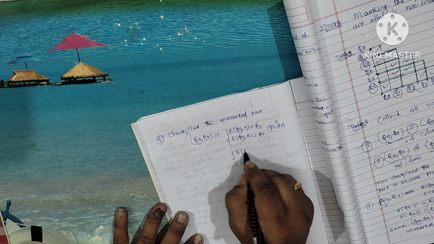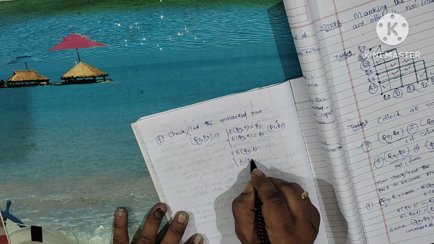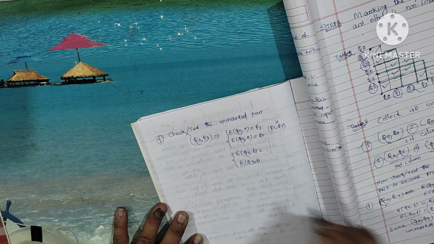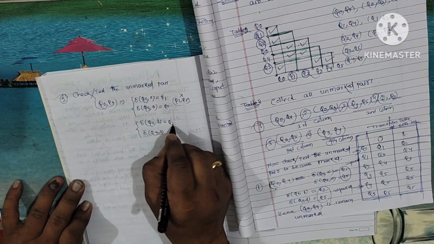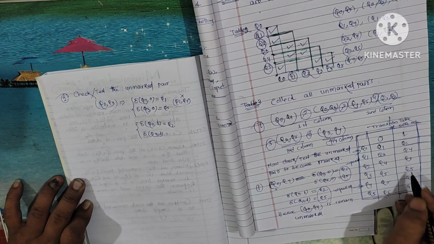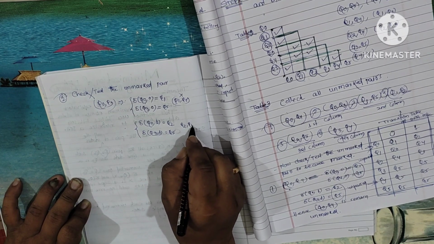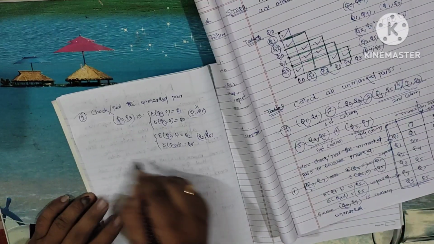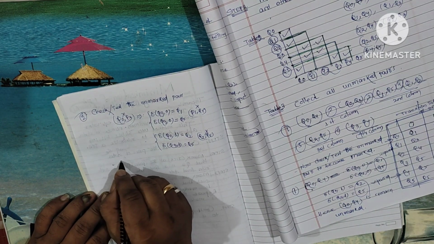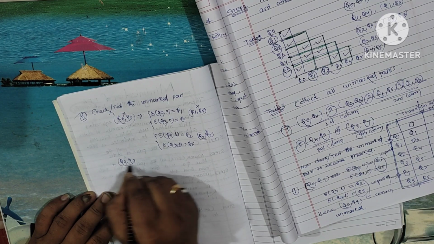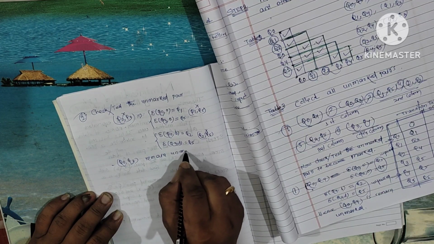Second one, Q0 on 1, Q3 on 1. Q0 on 1 goes to Q2, Q3 on 1 goes to Q5. So Q2, Q5 is unmarked. Hence Q0, Q3 remains unmarked.